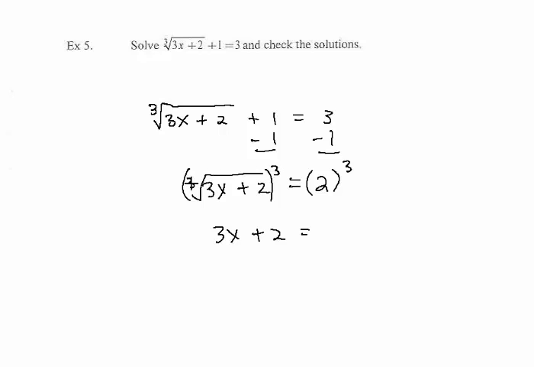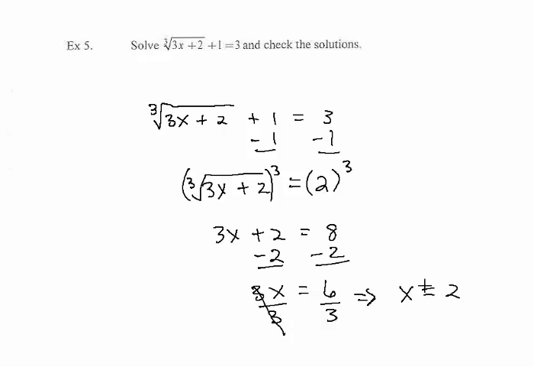The cube and the cube root knock each other out, and we're left with 3x plus 2 on the left. 2 cubed is 8 on the right. At this point, we just focus on getting the x by itself. So we subtract 2 from both sides. We get 3x equals 6. And finally, we divide both sides by 3 to get x equals 2.